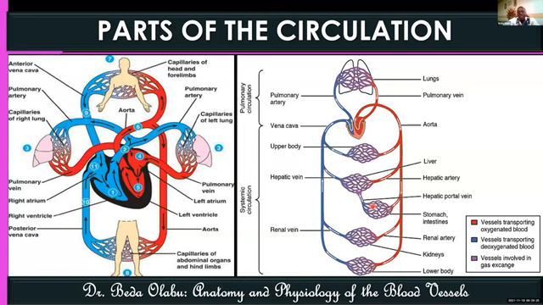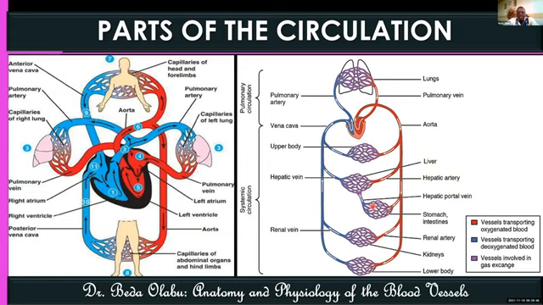The third site where we have another portal system is in the kidney. So in the kidney, we have blood vessels which branch down to go to the glomerulus. So that at the glomerulus, we have a capillary bed.